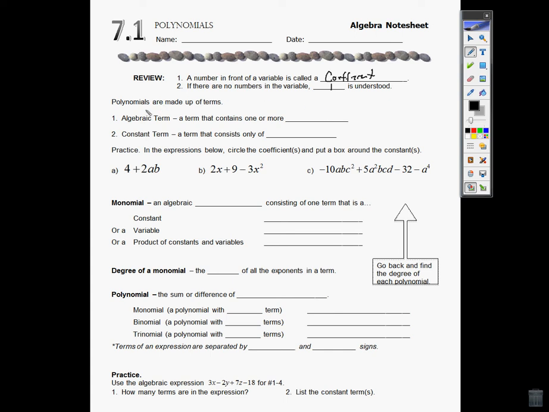All right, so now let's talk about polynomials and monomials. They are made up of an algebraic term, which is a term that contains one or more variables, as well as constant terms, which is a term that only consists of numbers.